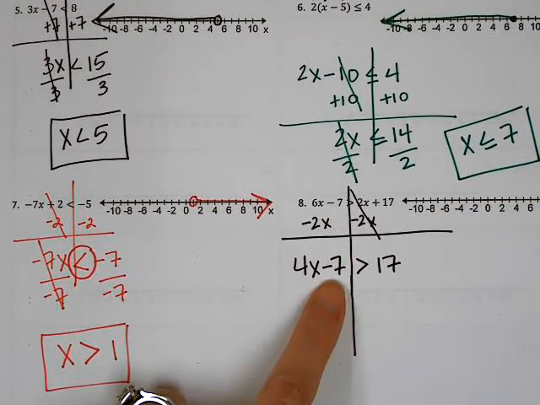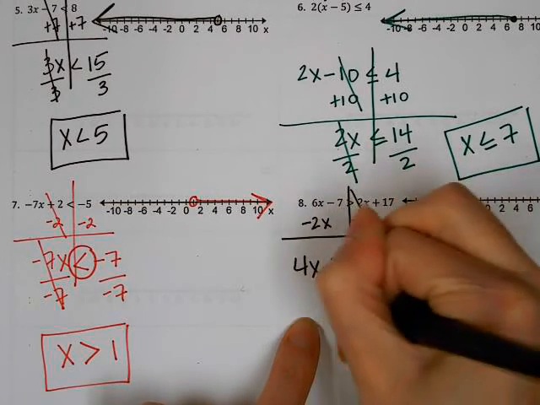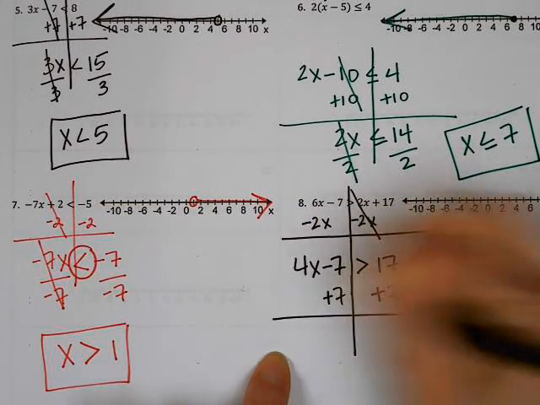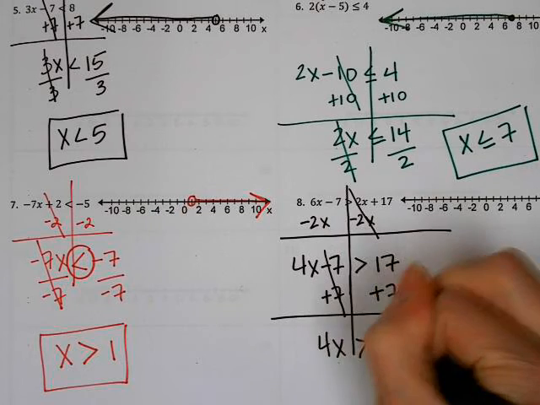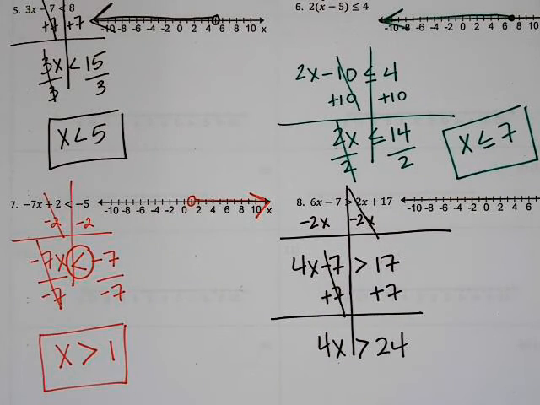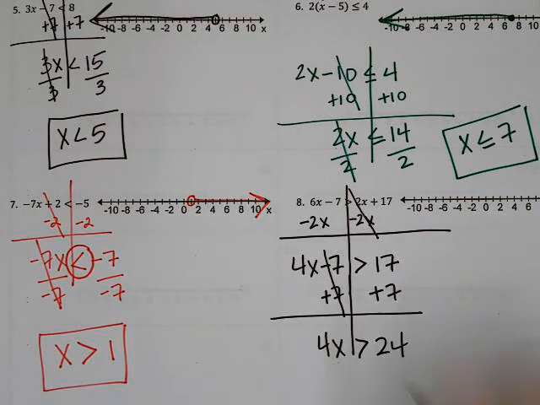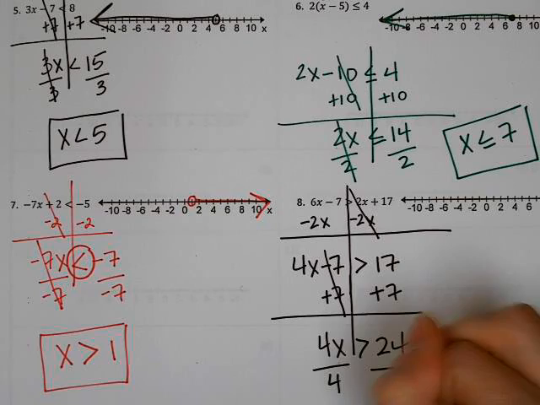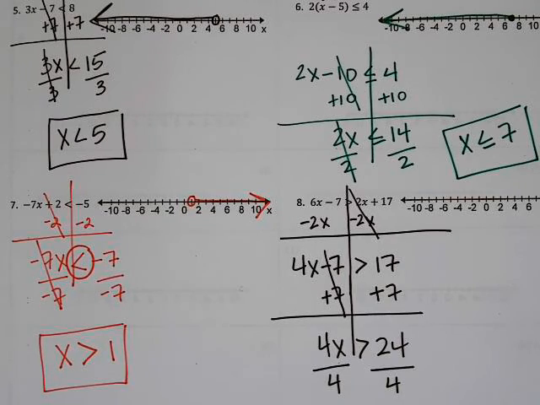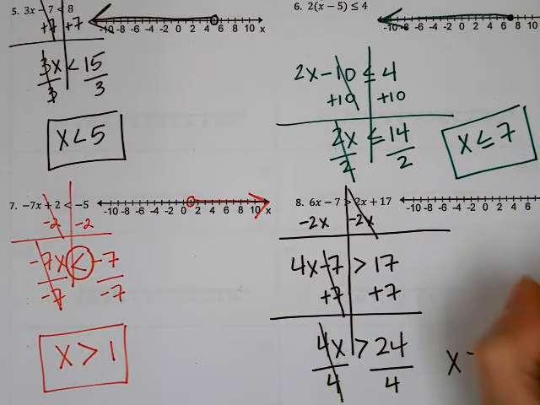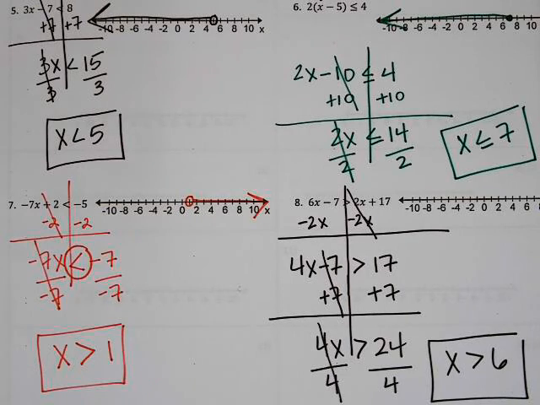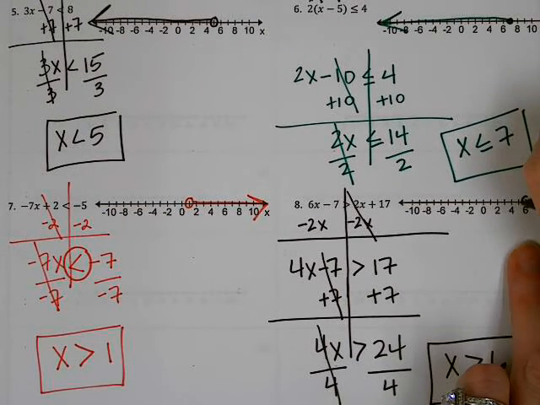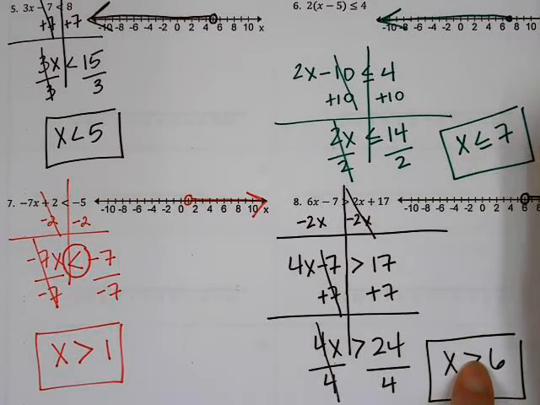And then to undo minus 7, we add 7 to both sides, so they cancel, and you have 4x is greater than 24. And then to undo multiplying by 4, we just divide by 4. And these cancel, and you end up with x is greater than 6. And that would be an open circle at 6, and the arrow would go, greater than means to the right.